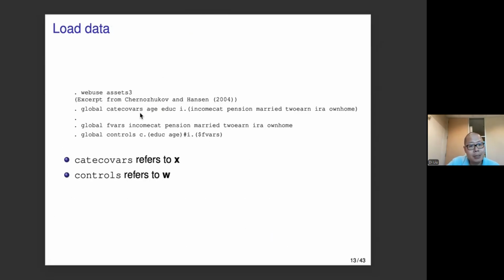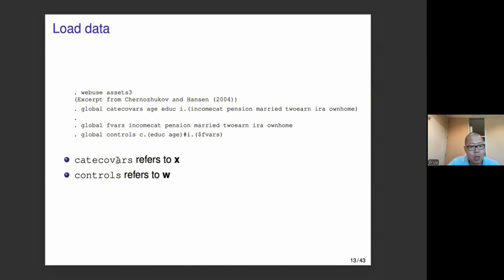So let's start estimating the models. We load the data; this is webuse sss3, data from the Chernozhukov and Hansen 2004 paper. For the CATE variables, which are the x variables, we define age, education, and all the other factor variables. We also define some controls, which are continuous variables interacted with factor variables.